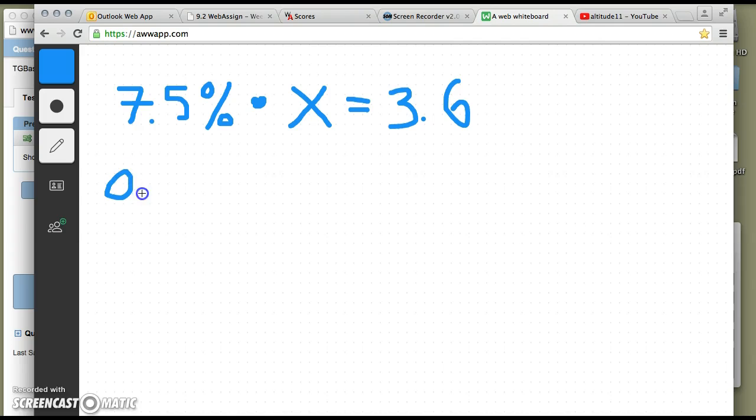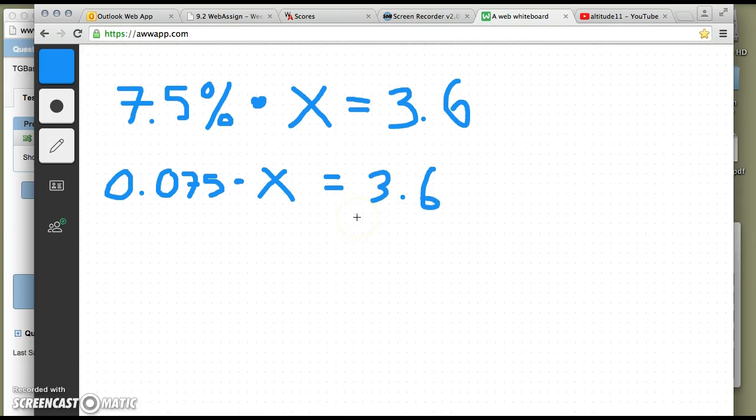So that's going to be 0.075. This is the numeric representation of 7.5%, so 0.075 of what number is 3.6.